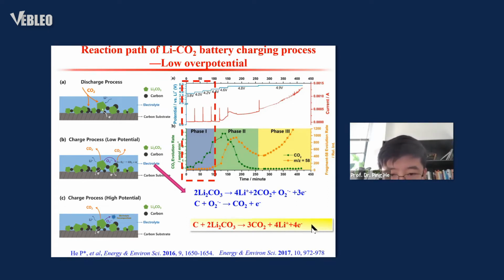This formula gives us a signal that the reaction is reversible. The key point is that this carbon is electrochemically decomposed.